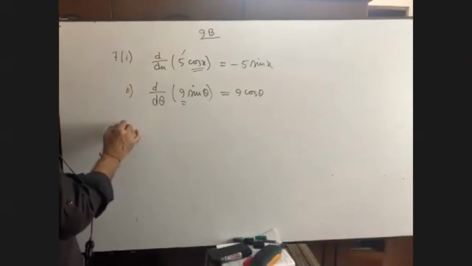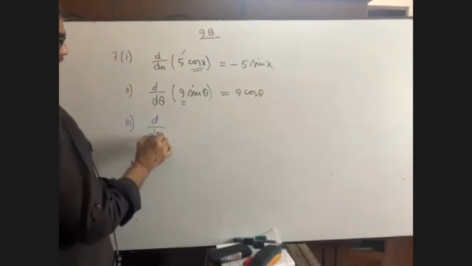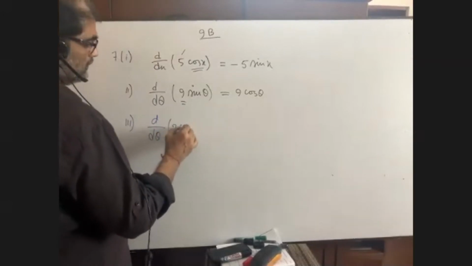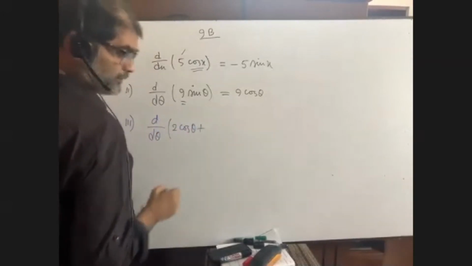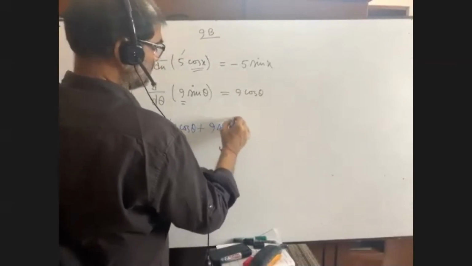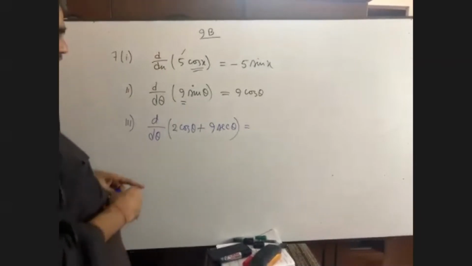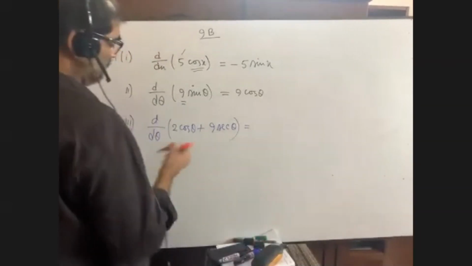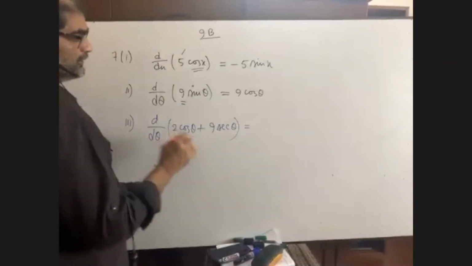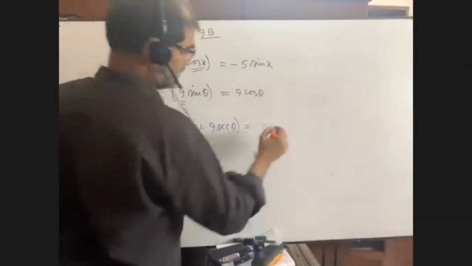Number 3, d by d theta of 2 cos theta plus 9 sec theta. Let me know. At first, you do this part. This is 2, write down 2. Cos theta is minus sin theta, right?